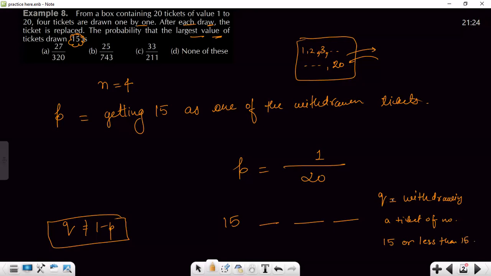Is that clear that Q is an event here about withdrawing a ticket of 15 or less than 15, and why it is so? Clear? Yes, sir.